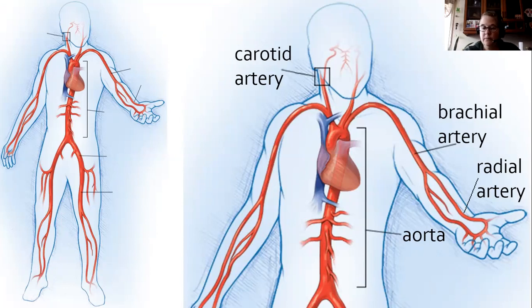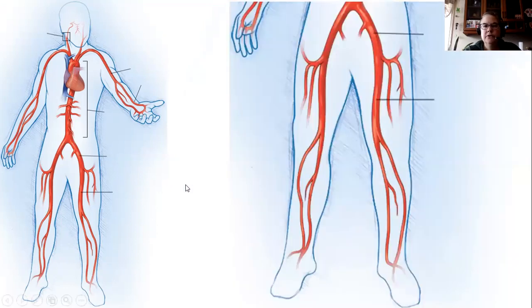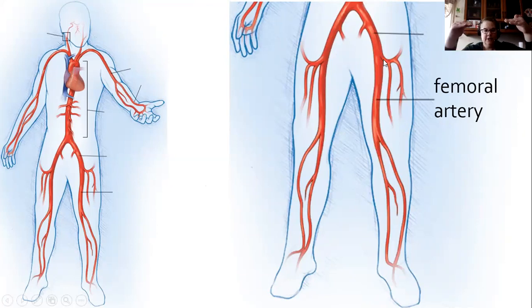Now the aorta is already one that's familiar to you, so let's move on. Now we're looking at the bottom part of the body, where we have the femoral artery. The femoral artery runs by our femur, which is the bone in the upper part of our leg. If we suffered an injury that broke that femur, that bone could splinter and hit the femoral artery.